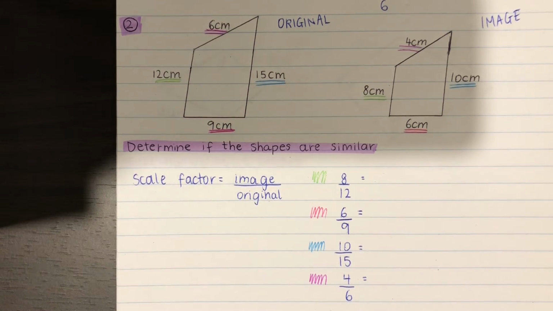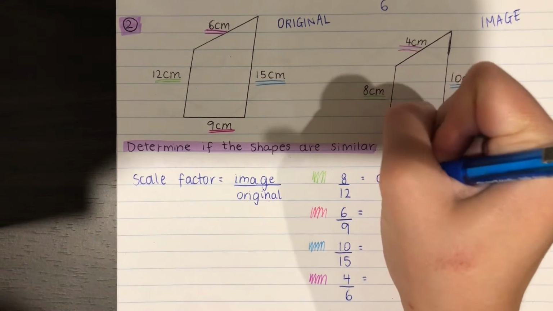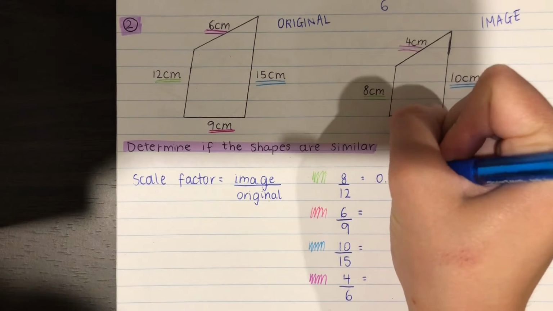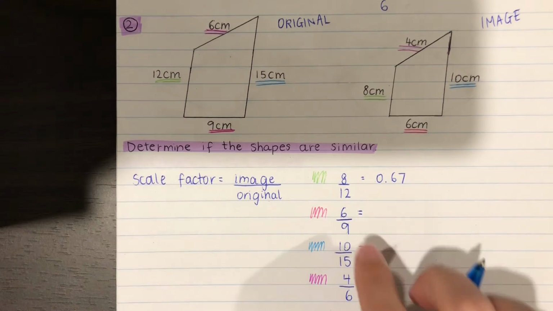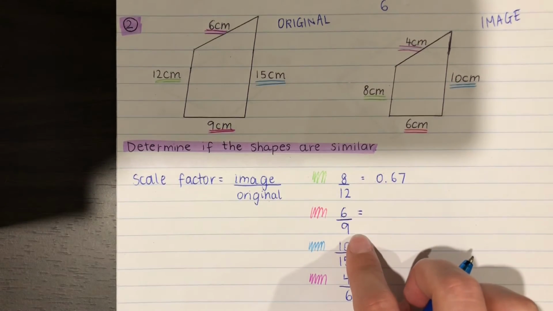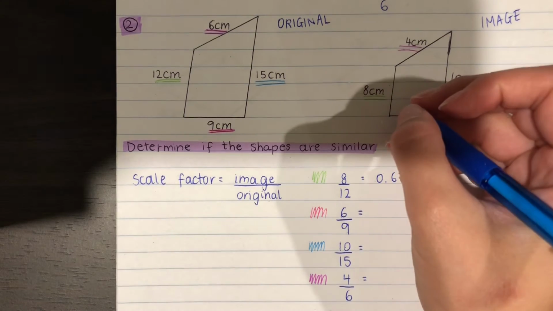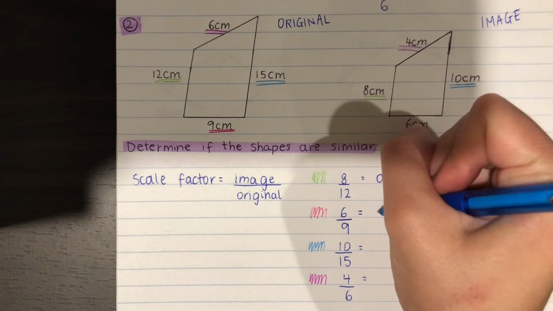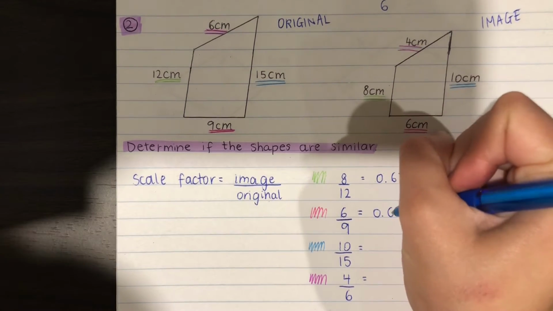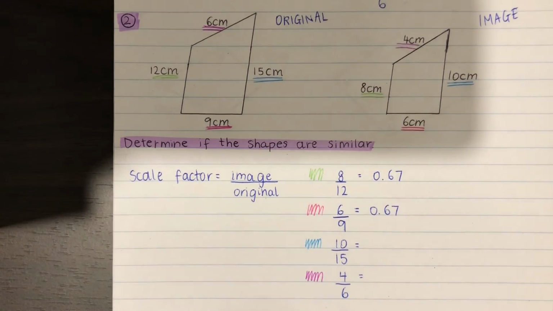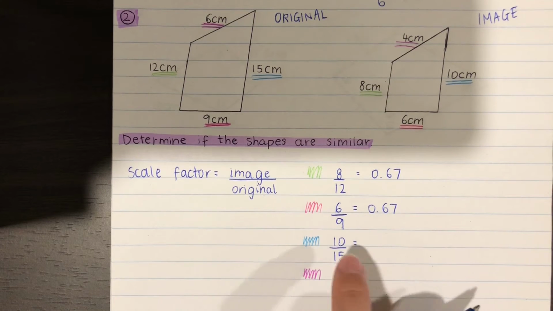8 over 12 becomes 0.67. And then we have 6 over 9 for pink, which also becomes 0.67. Then we have blue, which is 10 over 15.